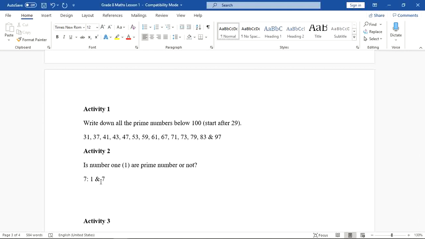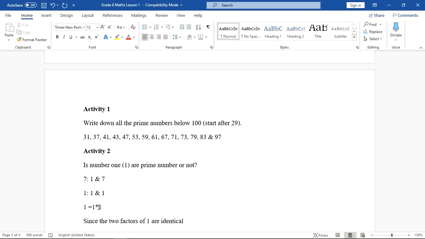But if you look at number 1, it has 2 factors, 1 and 1, because 1 is equal to 1 times 1. So there are 2 factors, but they are not different.